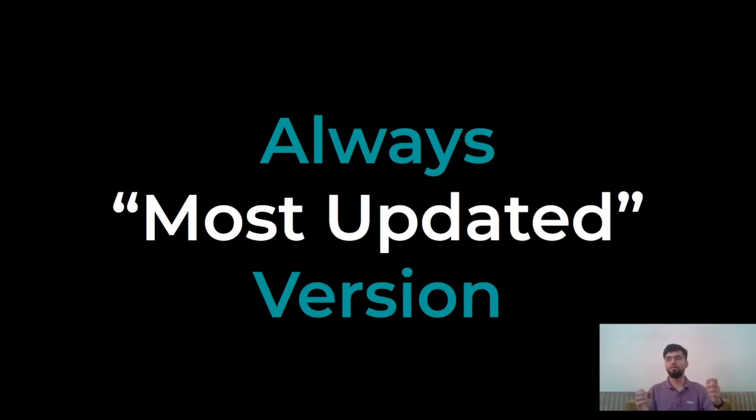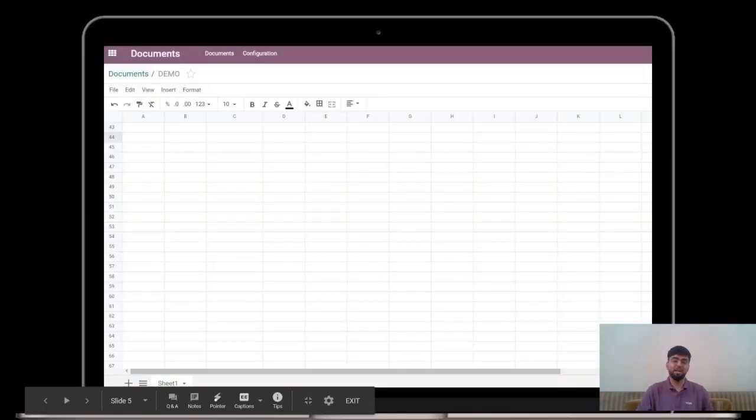And that's why now you have to update your spreadsheet and you end up with version 1, 2, 3, and 4. But with Odoo spreadsheet, this will not be the case because Odoo sheet will directly pull the data from your database. So it is always updated. Yeah, so let's jump into the demo.